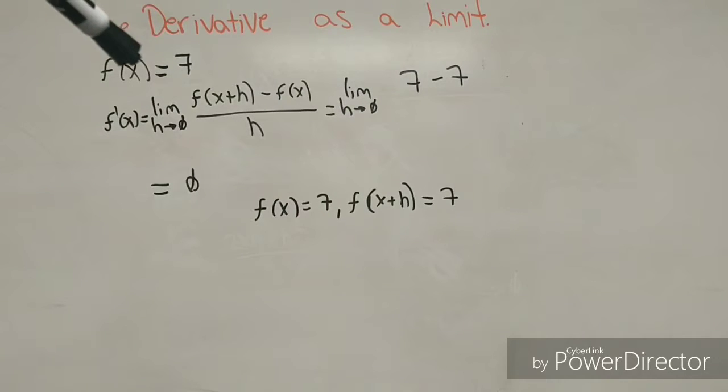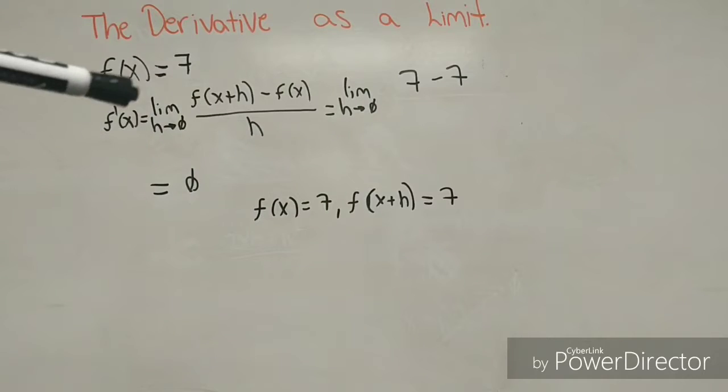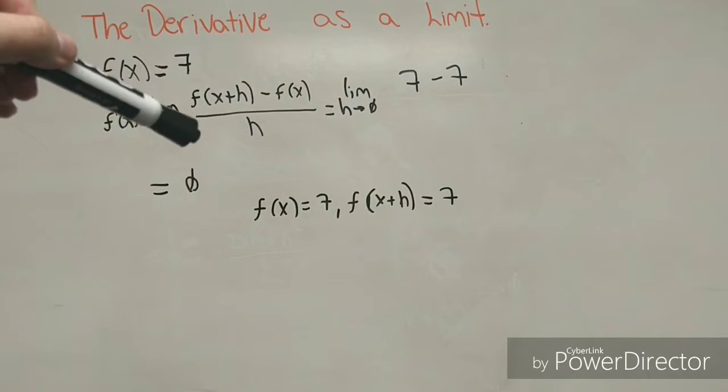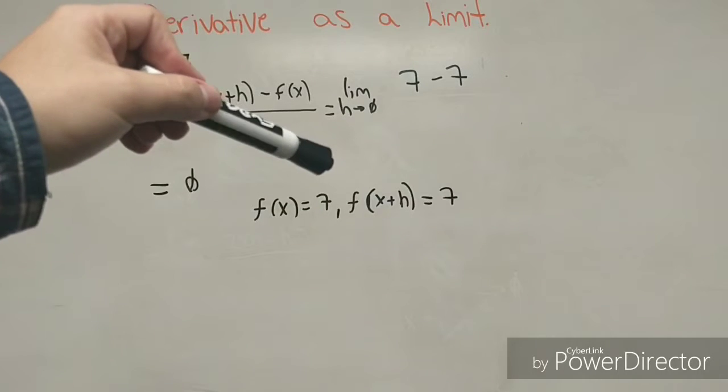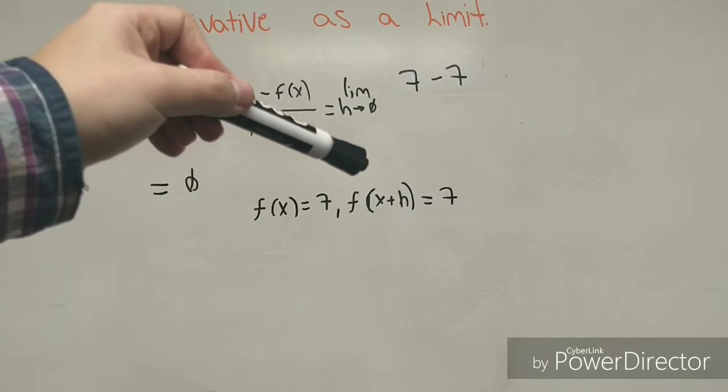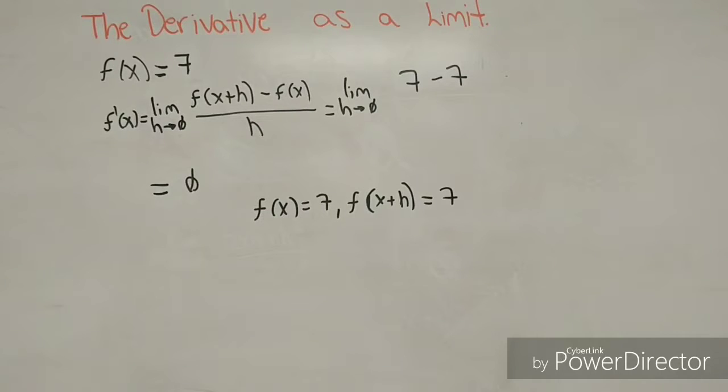So if it's not depending on x, then it's not depending on h neither. So that's why f(x) is 7, and the function of x plus h would be 7 as well. So 7 minus 7 is 0, and that's why the derivative of a constant will be 0.